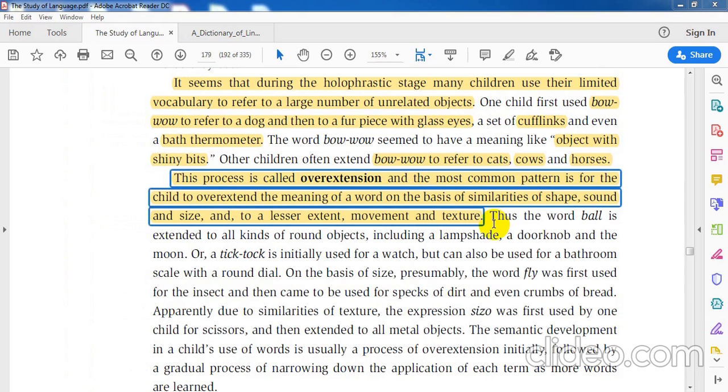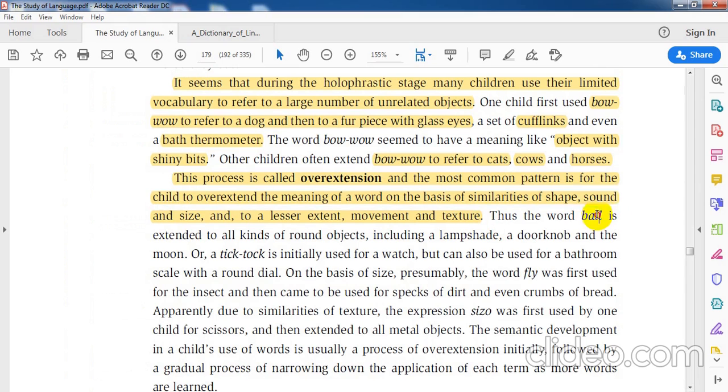Now, as you see here, we have different explanations and different examples in this paragraph. The word ball is extended to all kinds of round objects, since the ball is round, including what?